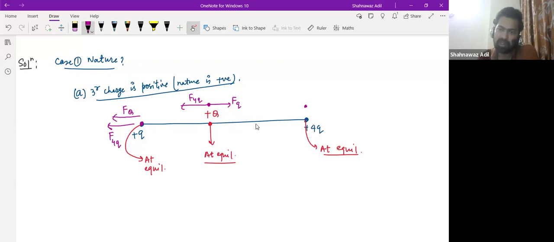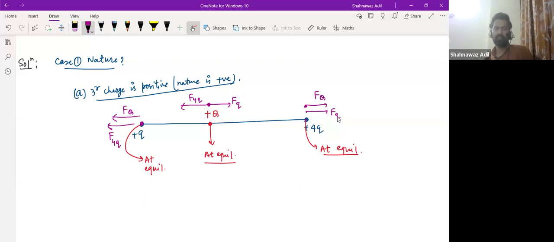Repulsive. So this plus Q will try to repel this thing, so this will be in here, right. Again, this plus small q will also try to repel this thing. So this is FQ. Are these points clear to you?